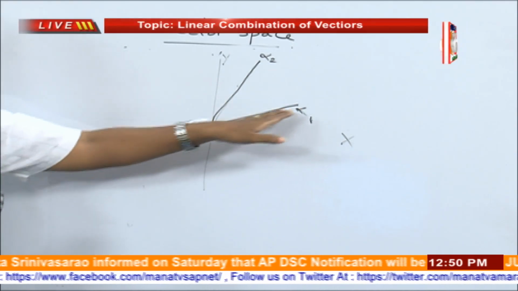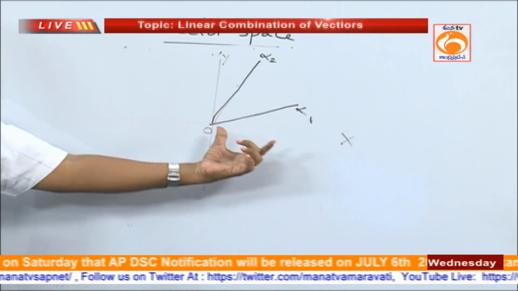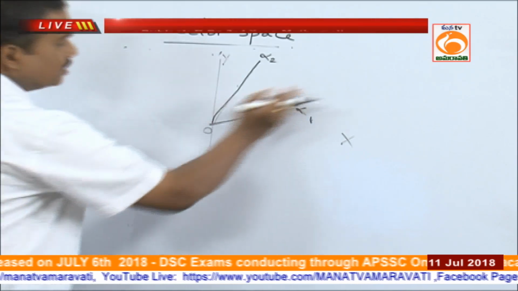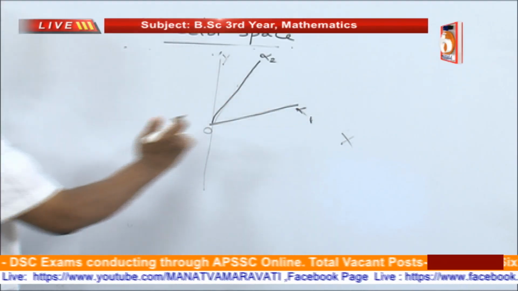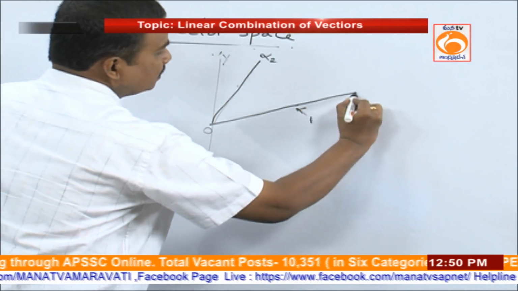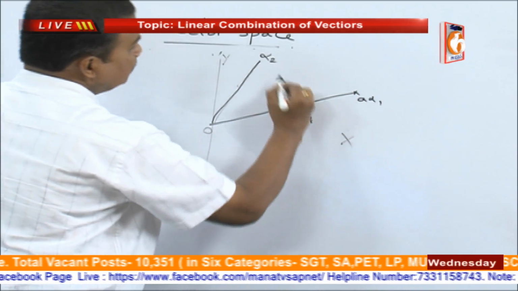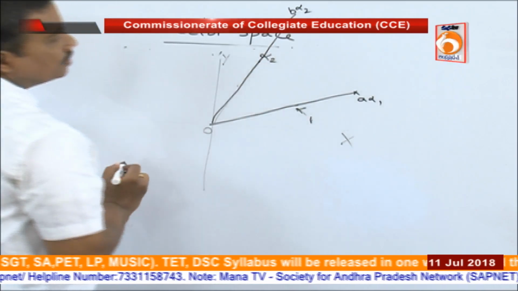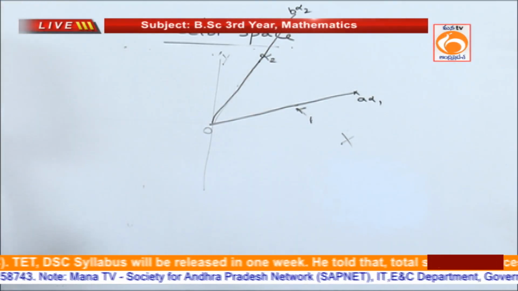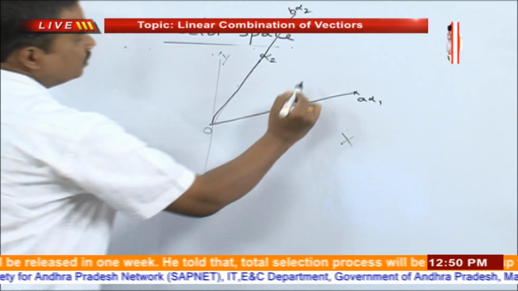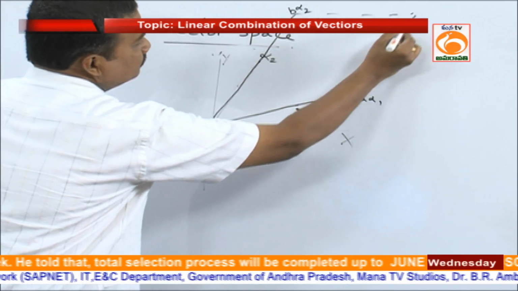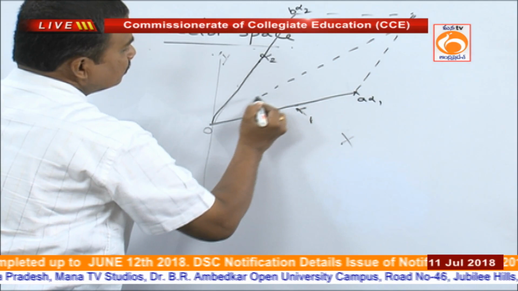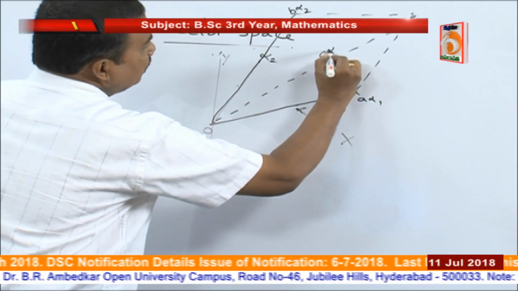It lies on alpha 1. I am taking A times alpha 1, so it may be an extension or a reduction. Suppose it is an extension, this is A alpha 1, and similarly B alpha 2. Now, I am adding them, A alpha 1 plus B alpha 2. Now, prepare the parallelogram and see that the resultant diagonal represents A alpha 1 plus B alpha 2.